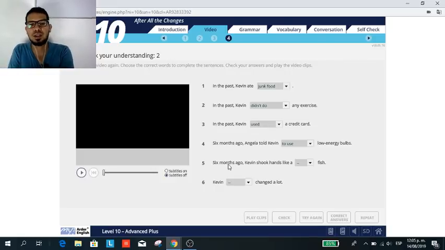Six months ago, Kevin shook hands like a dead or wet fish. There's one word here that he thought she said, but the truth is that she said wet. At least that's what I understood. So, like a wet fish.